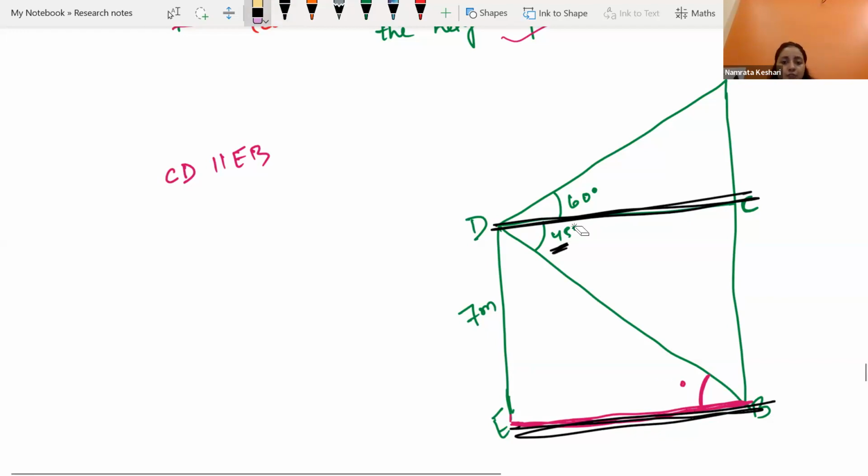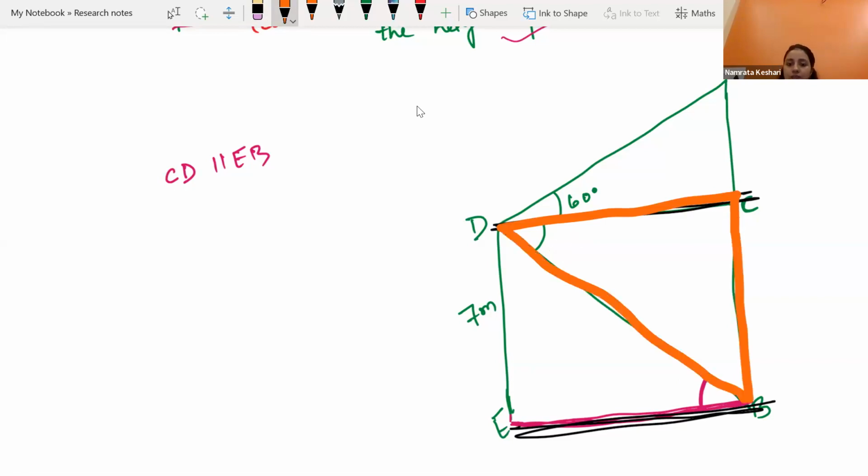Let me tell you why we are doing it. Because we are having this triangle, which is a right angle triangle, upside down. Or you make 45 degrees over here and focus on this triangle, that is DEB.